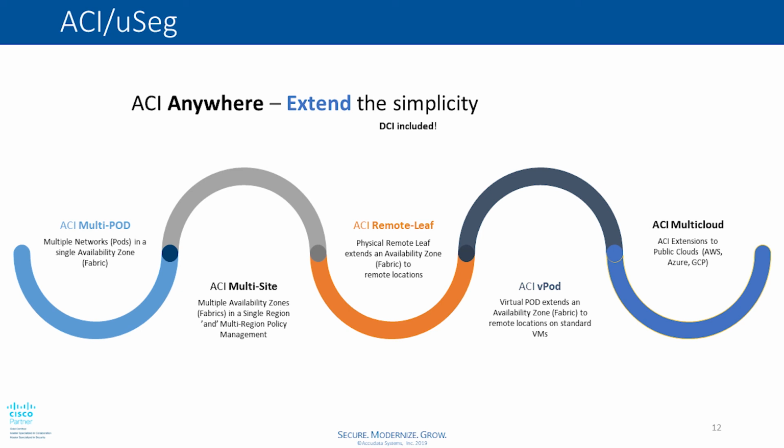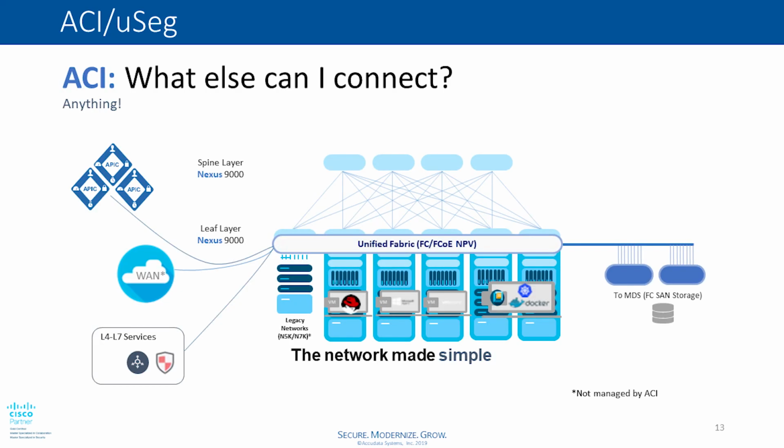And of course the ACI Multicloud, where you can extend your ACI environment and include your ACI technologies into your multi-cloud environments like AWS, Azure, or even Google Cloud Public. So what else can I connect into the ACI fabric? I can connect pretty much anything, like directors like MDS to have a Fibre Channel SAN storage connected into my fabric.